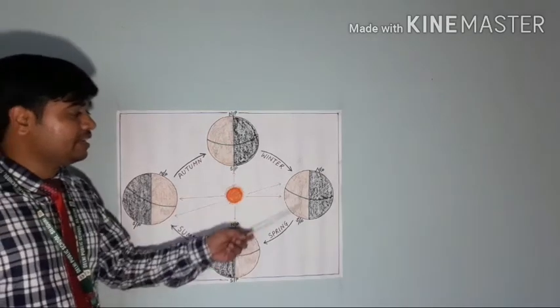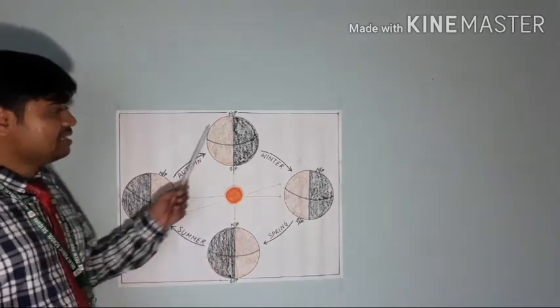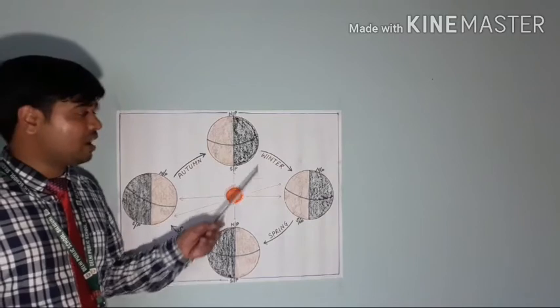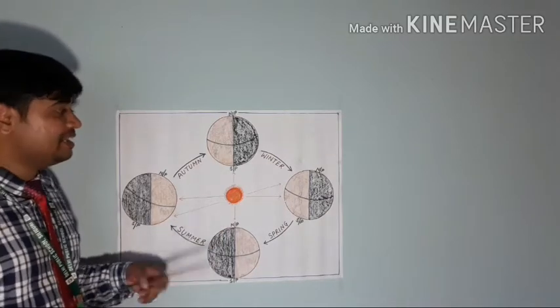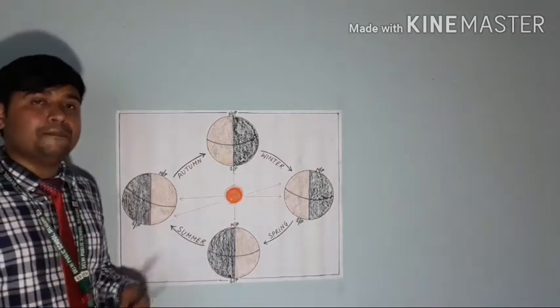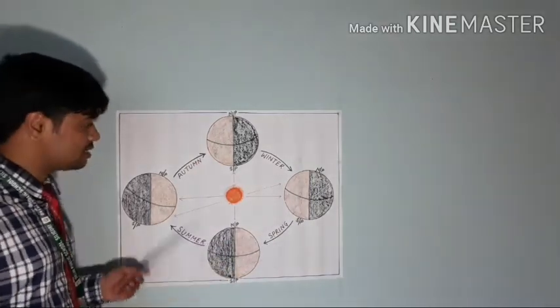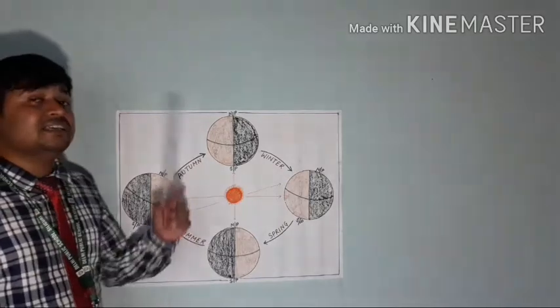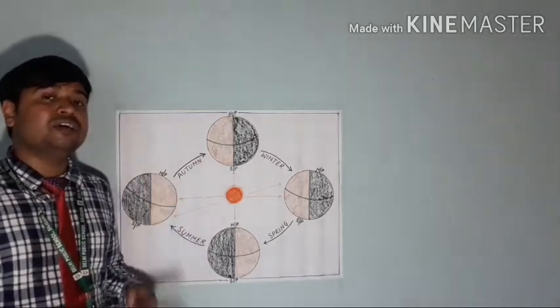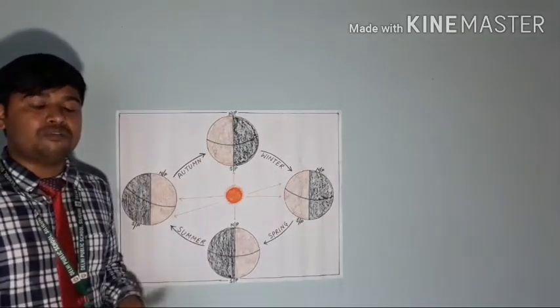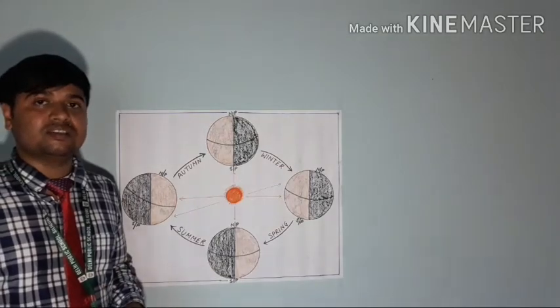So in this way seasons change one after another, and it happens only because of the revolution of the earth around the sun, as well as the tilted axis of our planet earth.